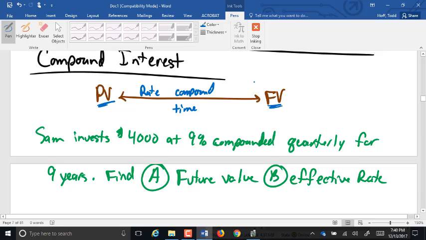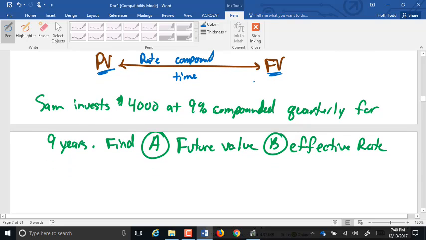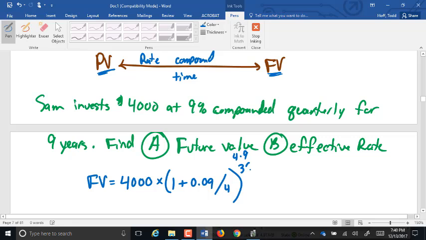Future value is pretty simple. We're going forward, so we're going to multiply. Our future value is equal to the present value, which is 4,000, times, how many parentheses? Just one. 1 plus 0.09 is her rate, divided by 4, because it's quarterly, to the power of 4 times 9, which is 36.